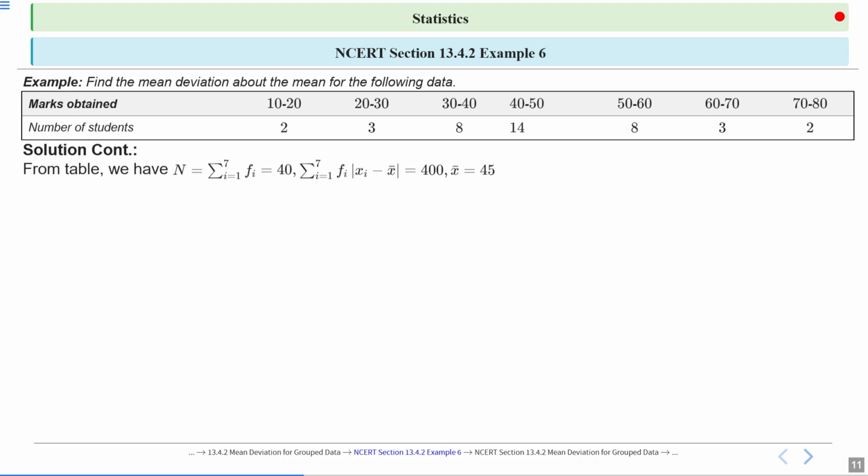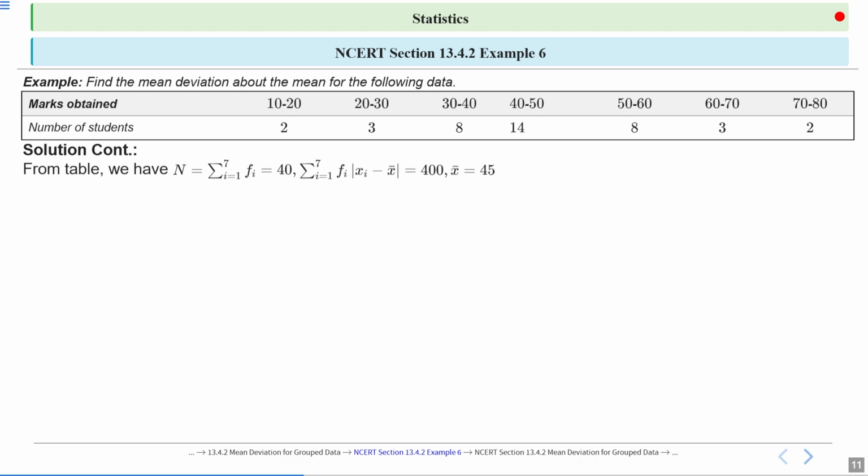Now, from the table, we can see that the total number of students, which we call n, is the sum of all frequencies. So n equal to 2 plus 3 plus 8 plus 14 plus 8 plus 3 plus 2, and here n, the total, is 40.